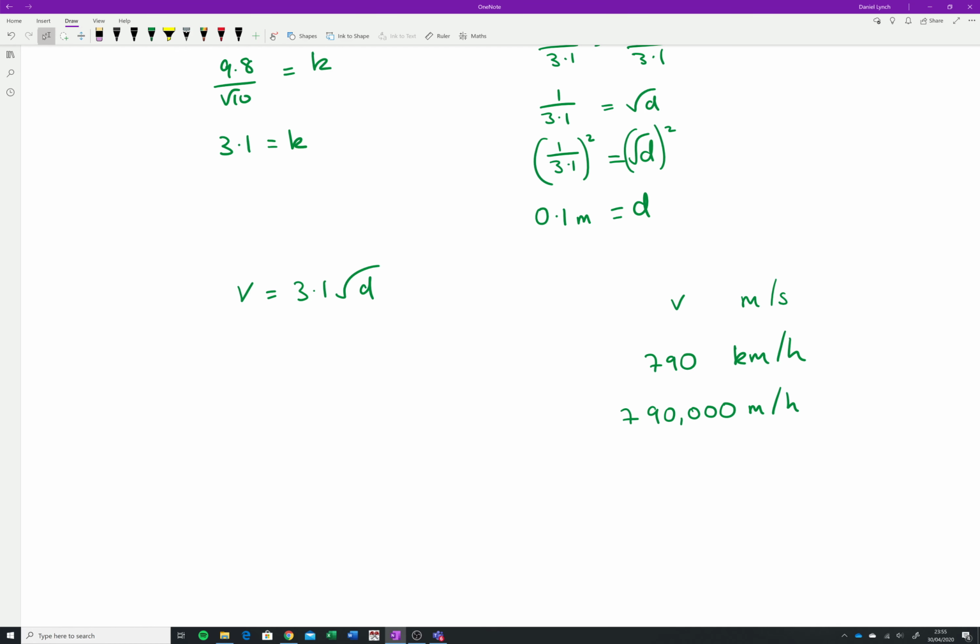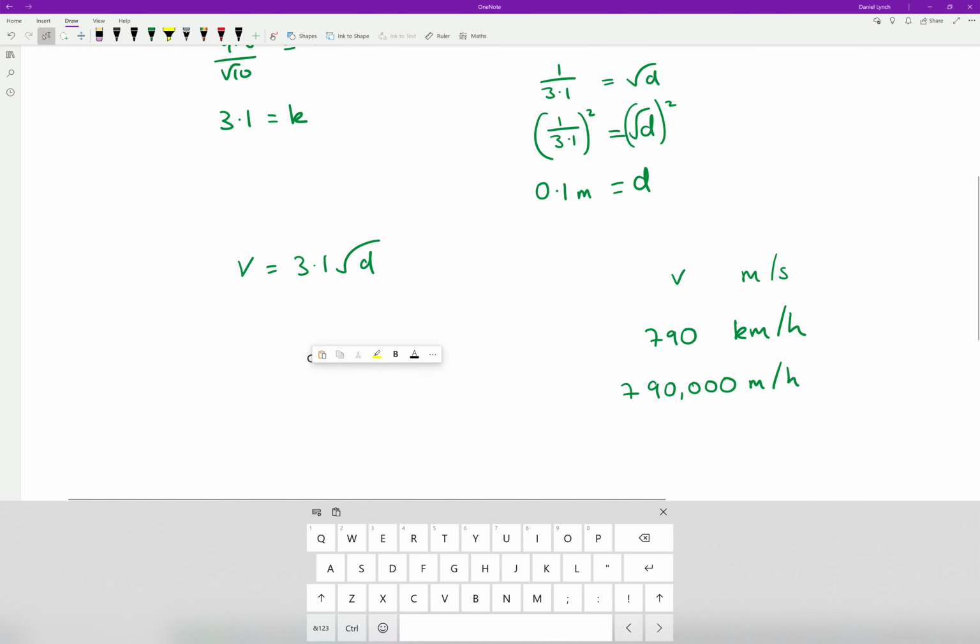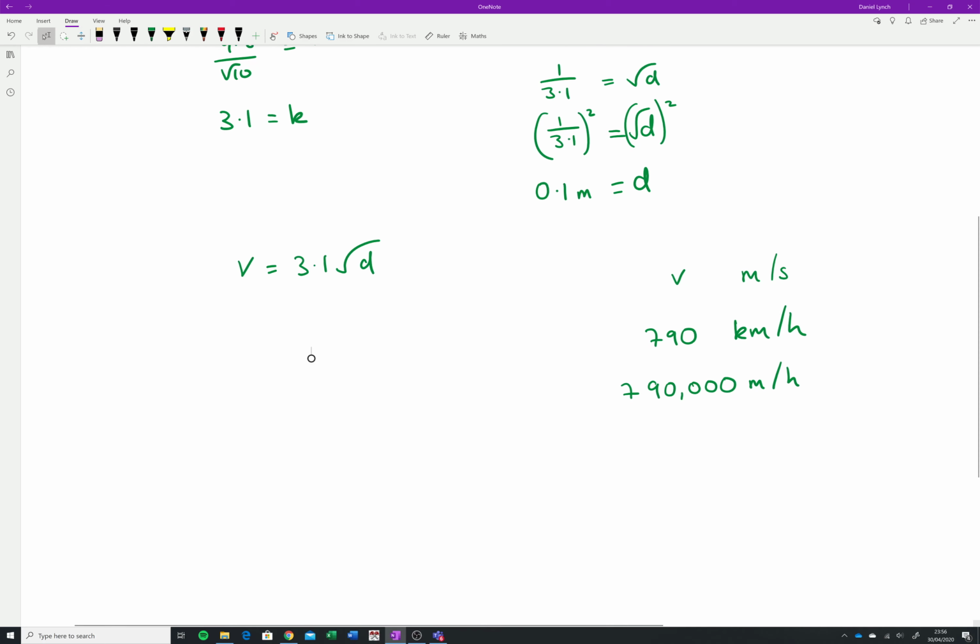Okay, that's how many meters it does every hour, but we want it for every second. So again, you can do that little check in your head. If I'm doing that every hour, what would I be doing every second? And of course I'm doing less.